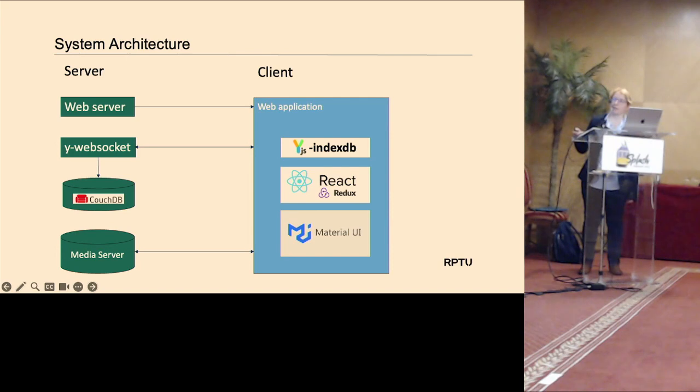It's a React application that does also data management using Redux. Material UI for the front end, and for synchronization, in the current version we use YJS that is connected to a WebSocket running on our server that persists the data into CouchDB, and we have another little media server where we store all the static content.